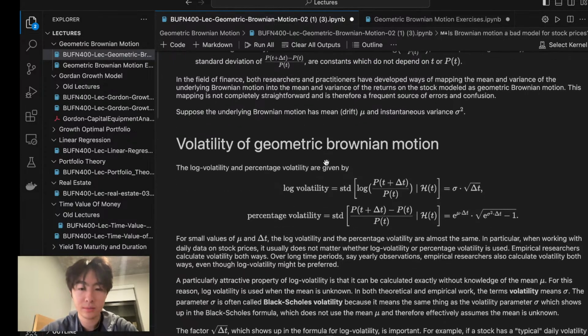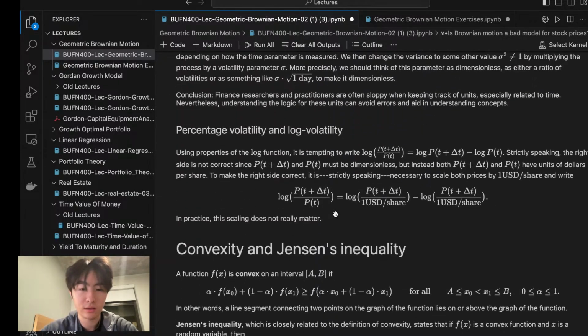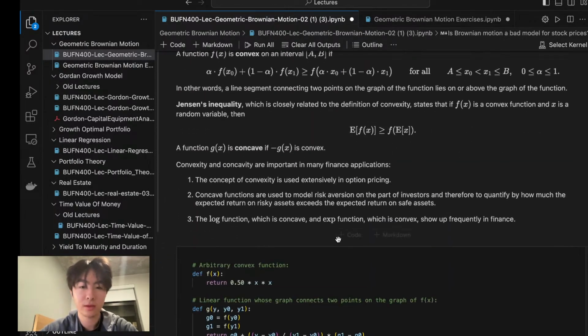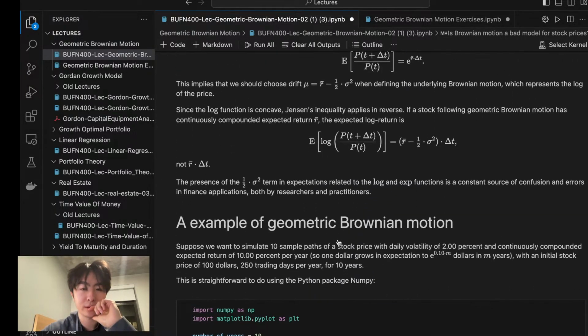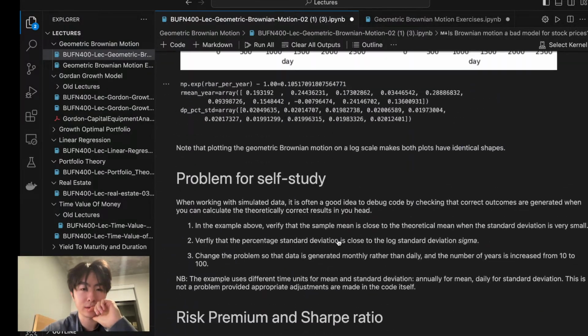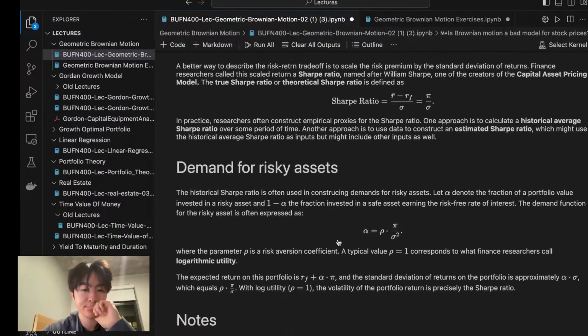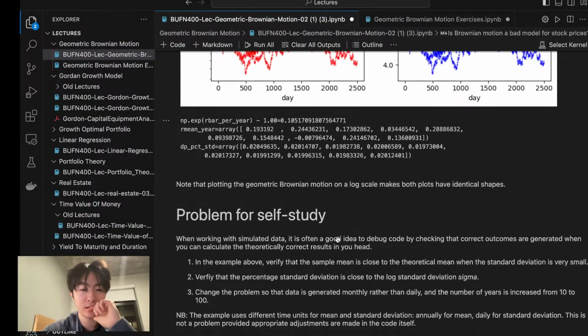Okay, log volatility, percentage volatility, notes on time units, convexity. Okay, mean of geometric Brownian motion, example of geometric Brownian motion, mean for risky assets.